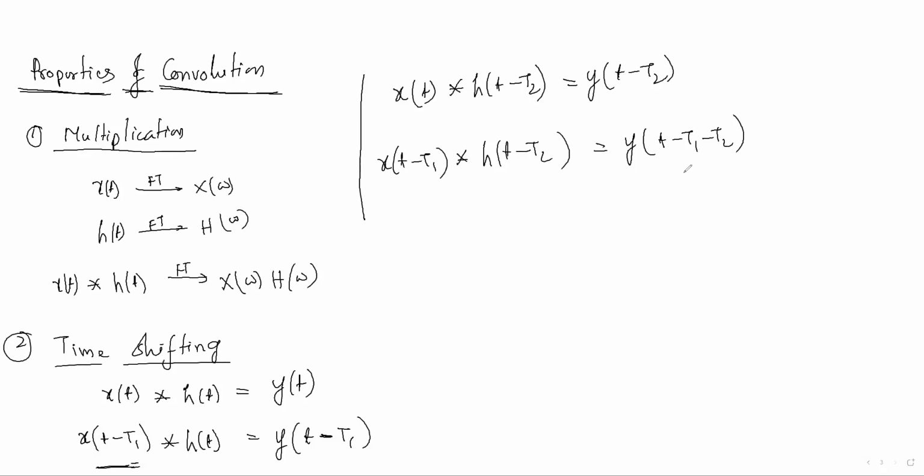These formulas are very important. These are all from time shifting. When you solve more problems, these things will become clear. So practice more by taking questions from previous examinations. The third property is time scaling.